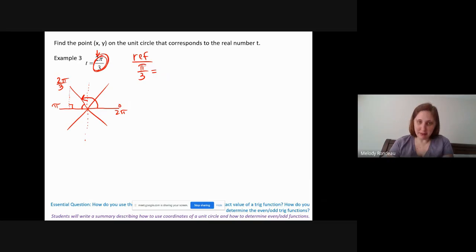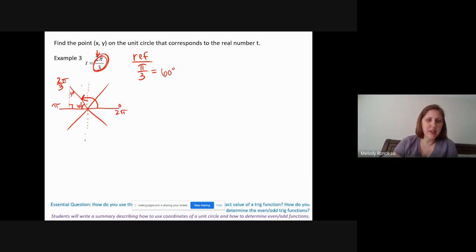So remember, pi represents 180 degrees. So if you take 180 divided by 3, we're talking 60 degrees. This is helpful to remember. Pi over 3 is the radian measure of a 60-degree angle. So this is really a 30, 60, 90 triangle. And hopefully we remember the story of the 3 bears.